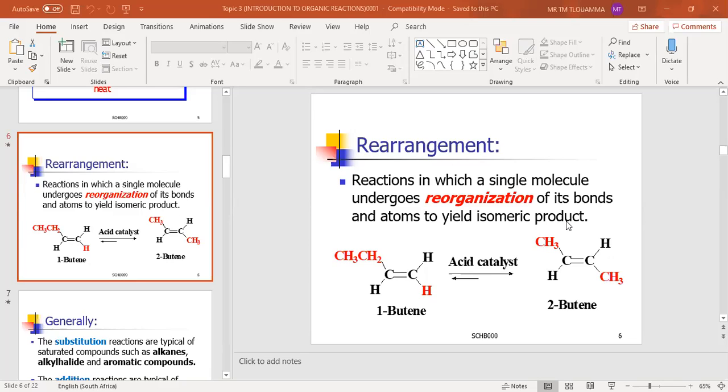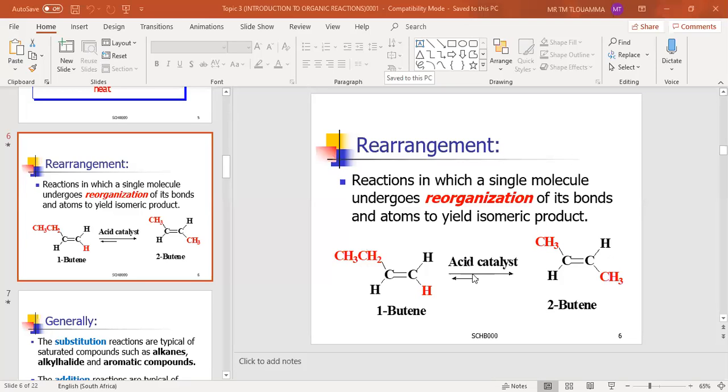You know the isomers, right? From chapter 2 we did the isomers. We were looking at different isomers, how do they look like? So in the rearrangement, if you check here, you are having ethene here, and then here you are having a hydrogen atom, right? Focus on the red compounds and atoms.